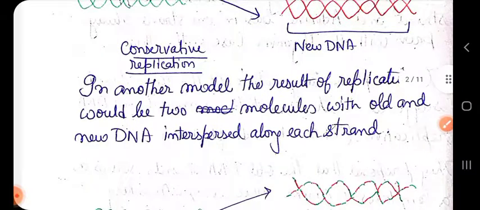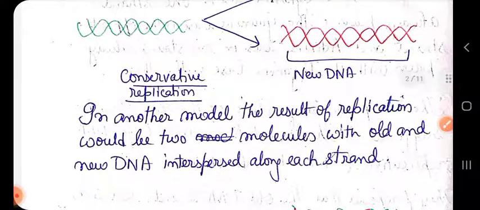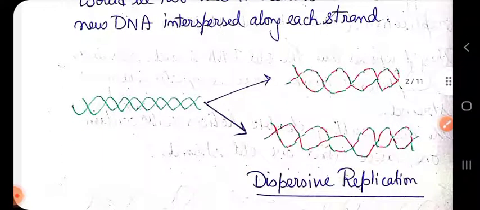In another model, some other scientists proposed that the result of replication could be molecules with old and new interspersed with one another along each strand. It will look like this. This is known as the dispersive mode of replication.